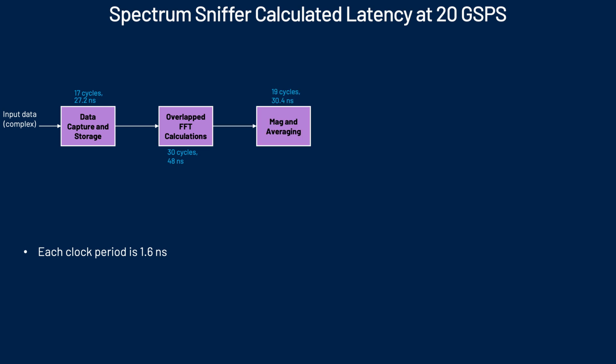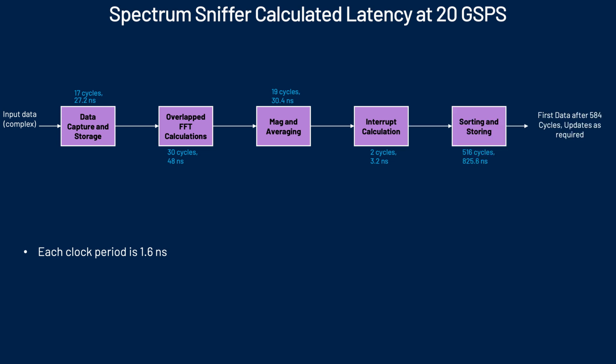Calculating the magnitude and averaging takes 19. And calculating the interrupt takes 2. The sorting and storing is 516 cycles. Therefore, the calculated latency would be after 584 cycles to get first data, or 934.3 nanoseconds at 20 gigasamples per second.